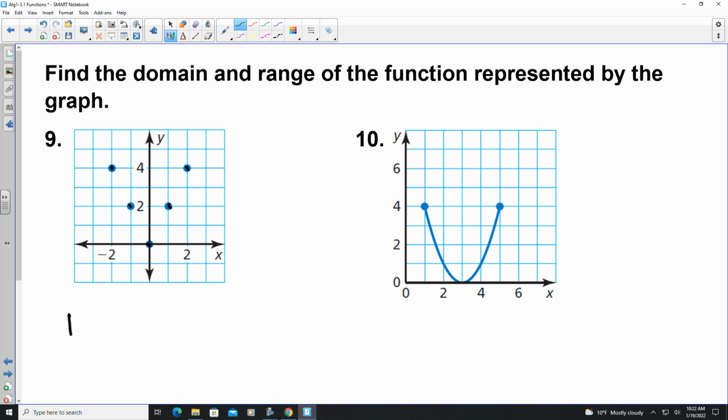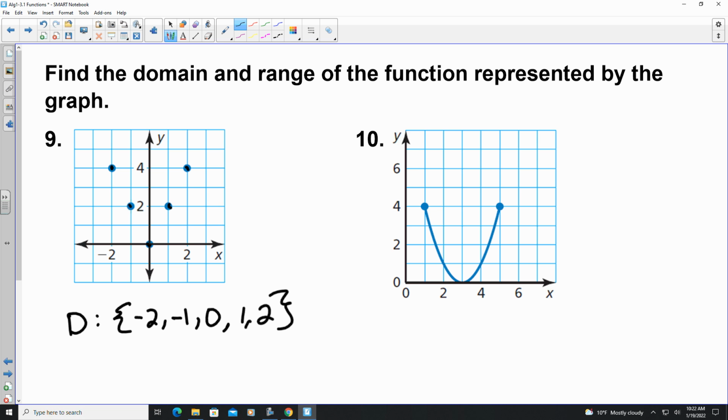So I got my domain, it starts off with -2, it goes down to -1, then 0, this would be 1, and finally it finishes up with 2. And you want to write it in order from least to greatest.